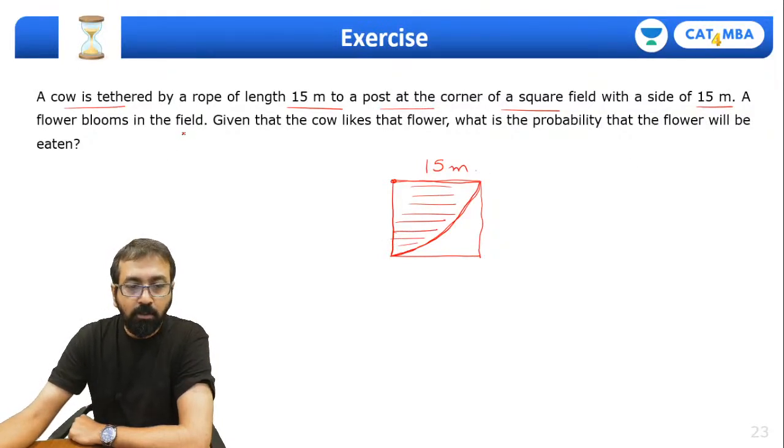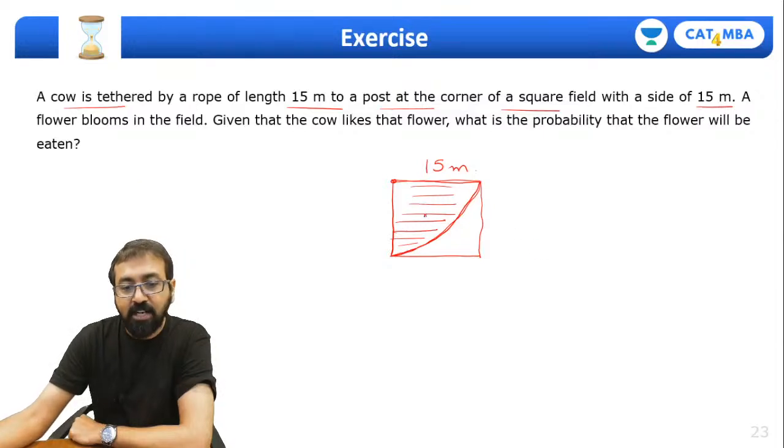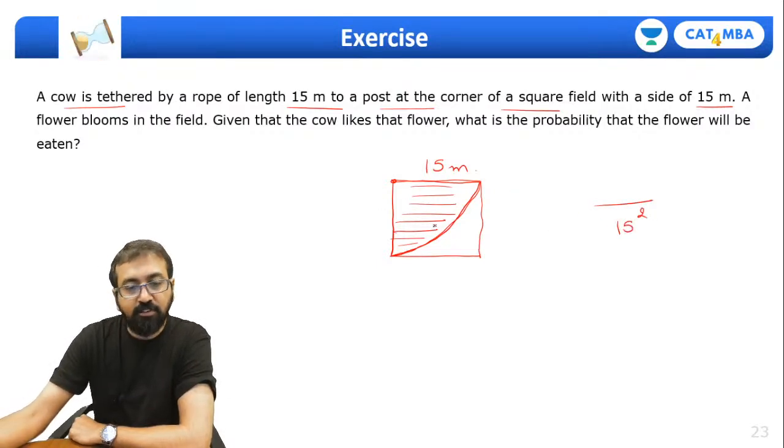A flower blooms in the field. Given that the cow likes the flower, what is the probability that the flower will be eaten? Can I say the flower can bloom anywhere over here? Out of the square area, what is the area of the square? 15 square. The flower can bloom anywhere, and the cow will be able to eat only if it is in the shaded region. So what is the area of the shaded region?